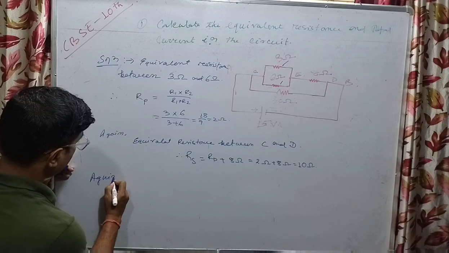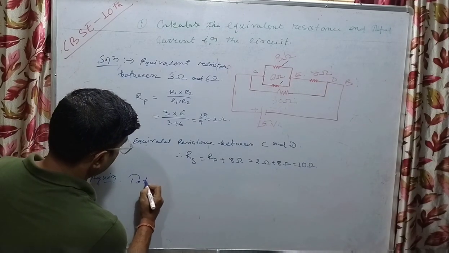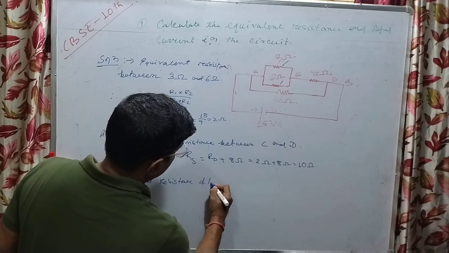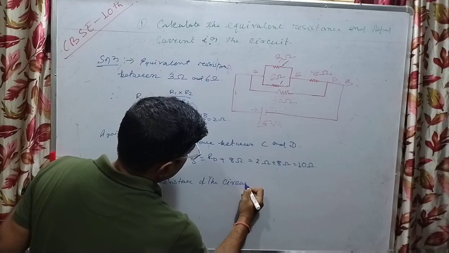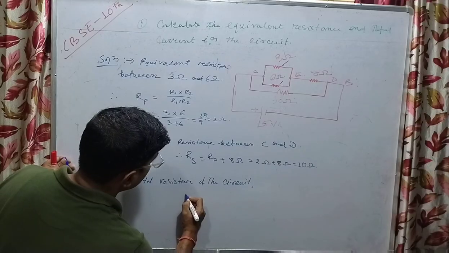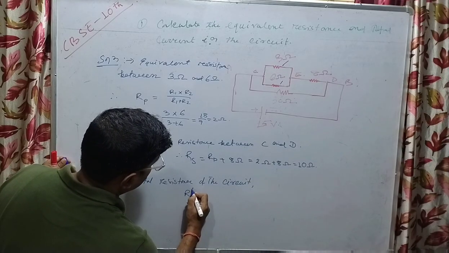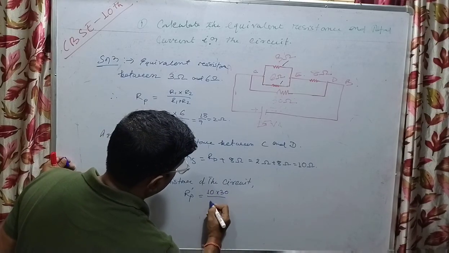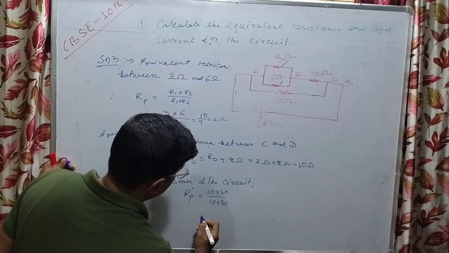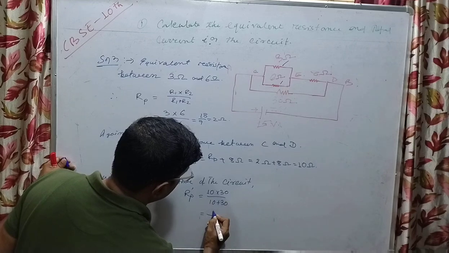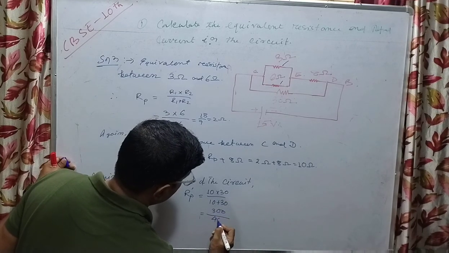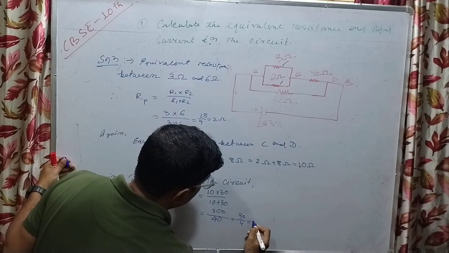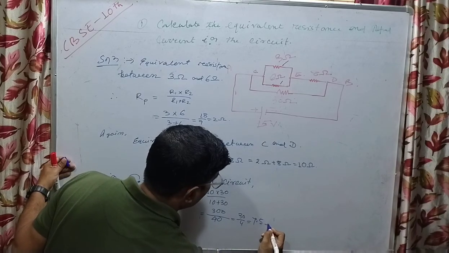Again, total resistance of the circuit is R dash T is equal to 10 ohm into 30 by 10 plus 30, which is 300 divided by 40, equal to 30 by 4 is equal to 7.5 ohm.